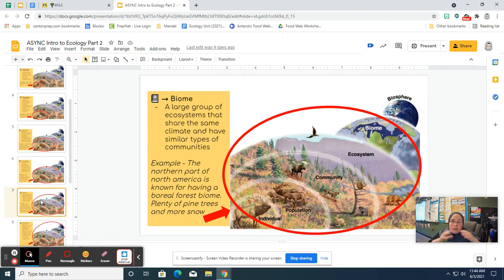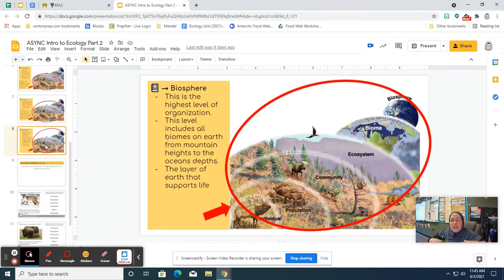Each one is unique, but they have some shared characteristics that put them in the category of deserts. Freshwater ecosystems, ocean ecosystems, temperate forests, rainforests. While each individual one has its unique species, they have some shared characteristics, so we put them all within the same biome.